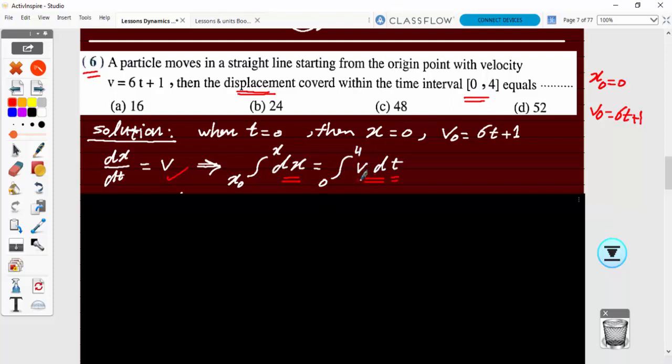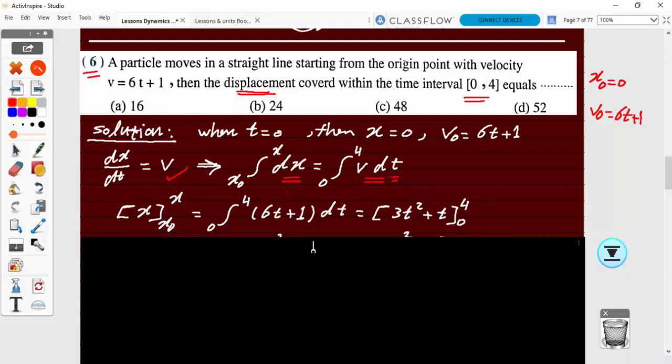And what is the value of v in terms of t? We can substitute. The integration of dx is x from x naught to x. Integration from 0 to 4, and you substitute v equals 6t plus 1, dt. So the result of integration equals 3t squared plus t, from 0 to 4.